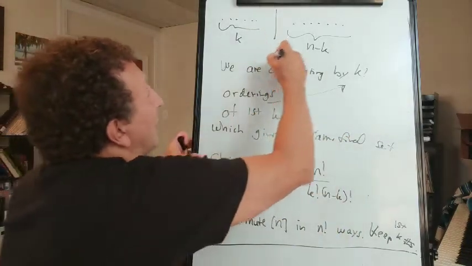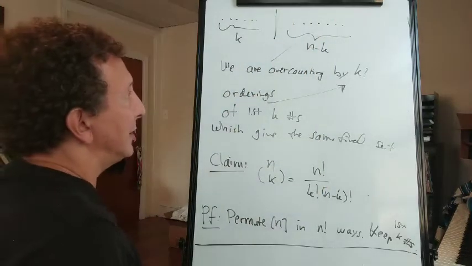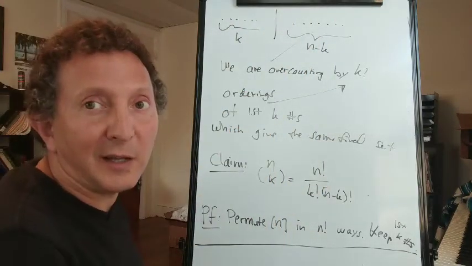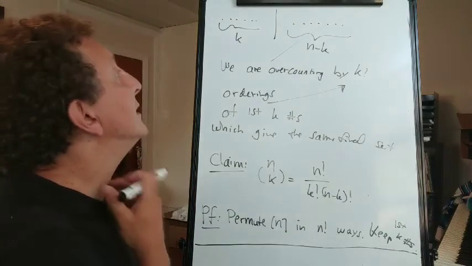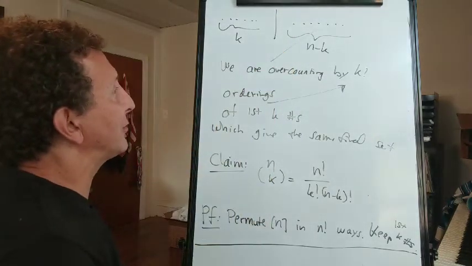And actually, when we throw away these n minus k numbers, they could have appeared in any one of n minus k factorial ways. And so we're overcounting by n minus k factorial also.